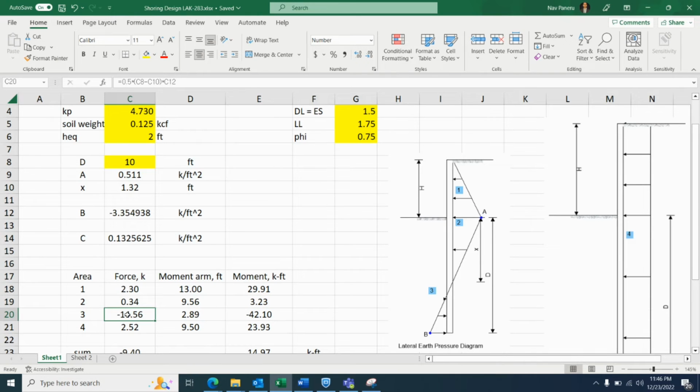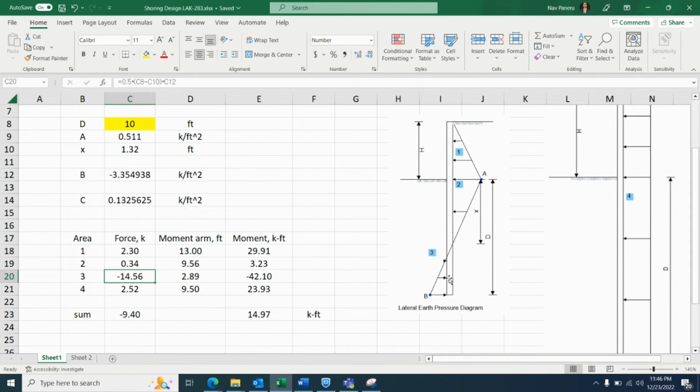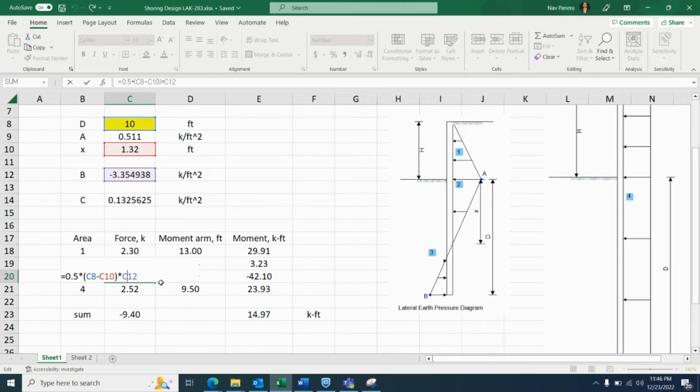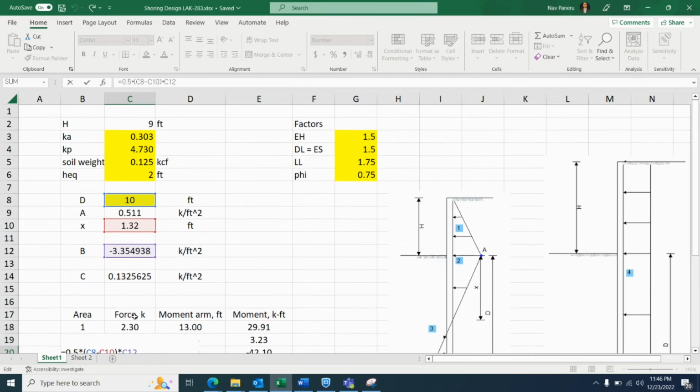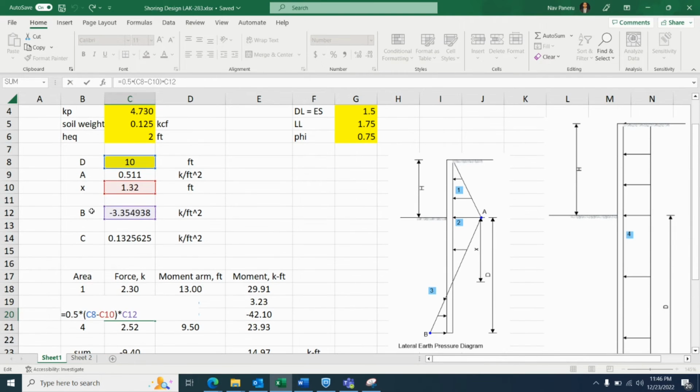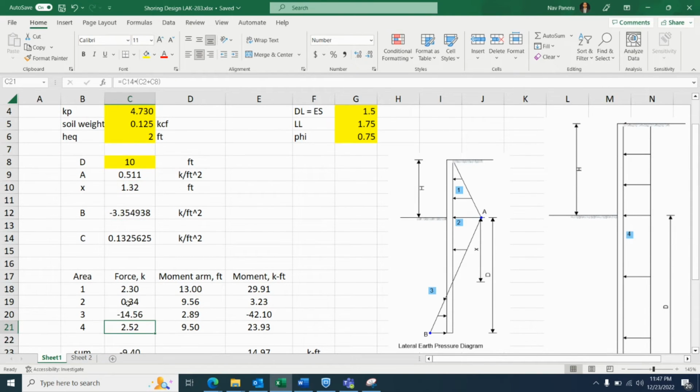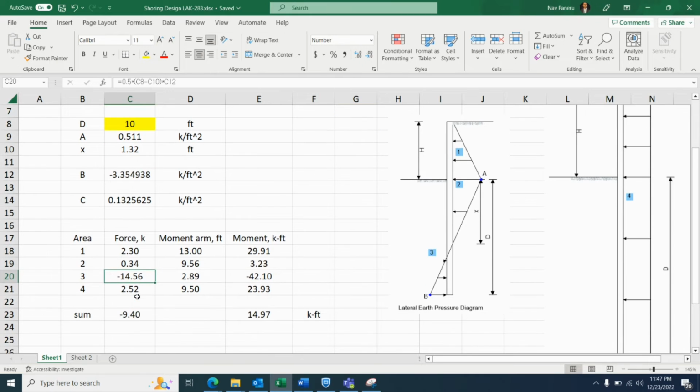And let's calculate the force from area 3. We have B, but we don't have this distance, which is D minus X. So we'll calculate it as 0.5 times D minus X, which is C8 minus C10, multiplied by C12, which is the dimension B. The force will be negative because that's the force coming from the passive pressure, and that's why the moment should also be negative.